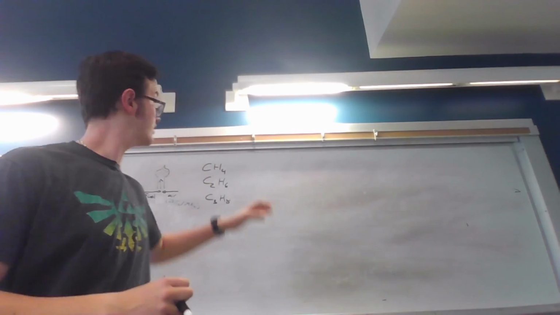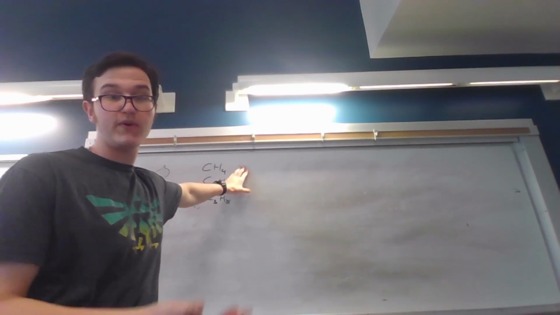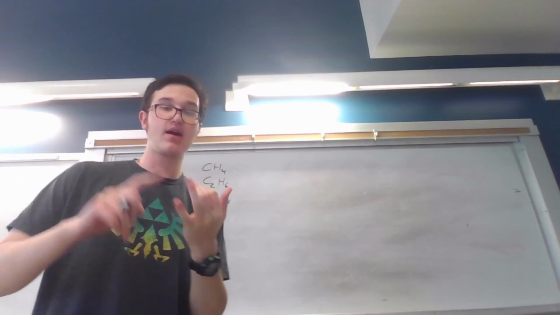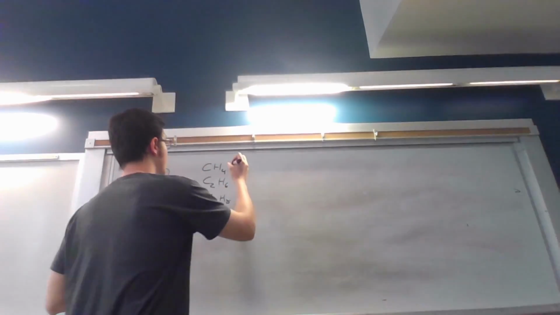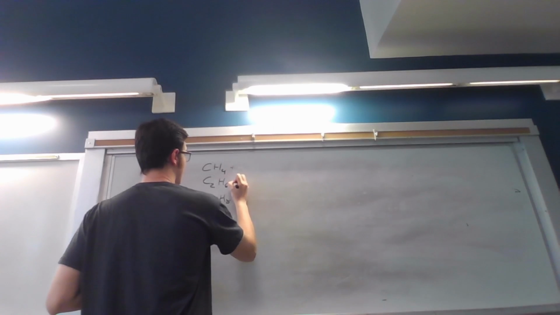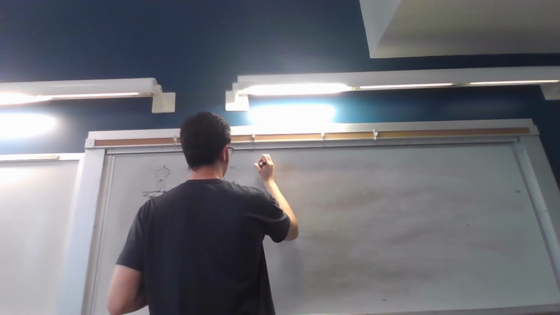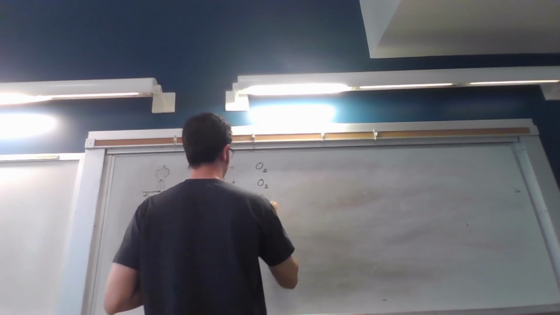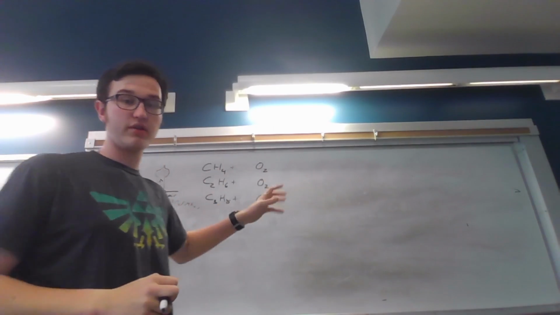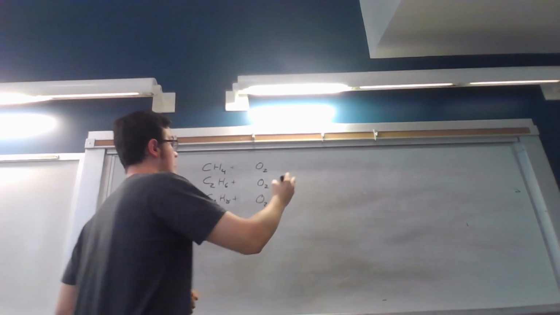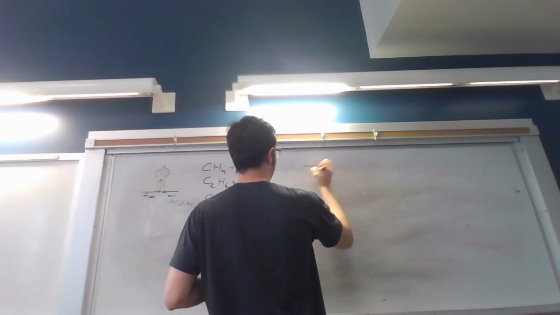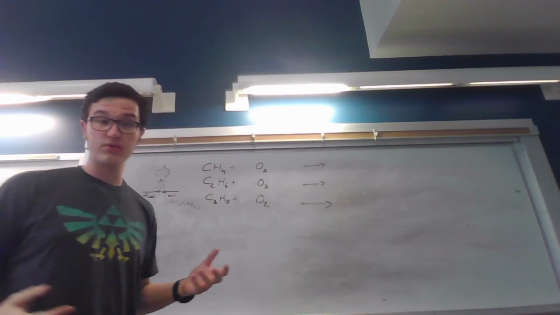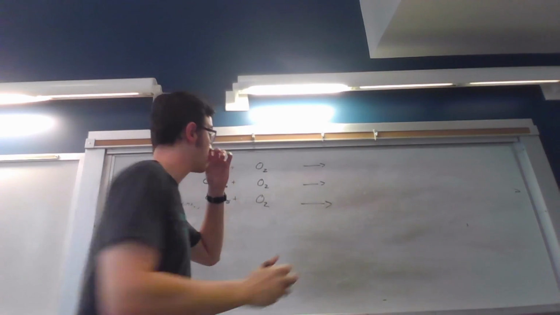So a combustion reaction is we take our fuel, we add oxygen, it burns, and then it gives us carbon dioxide and water. So we have all our fuel plus our oxygen, and they all go to CO2 and water.